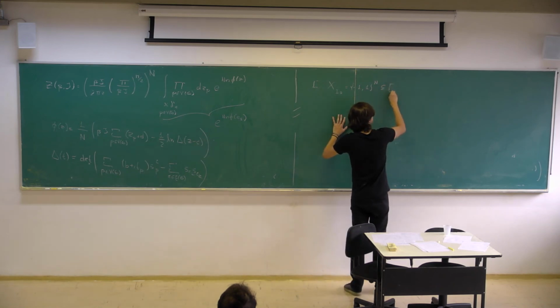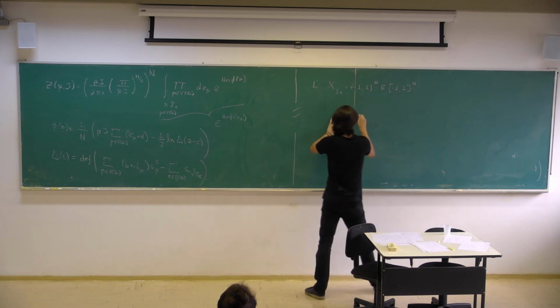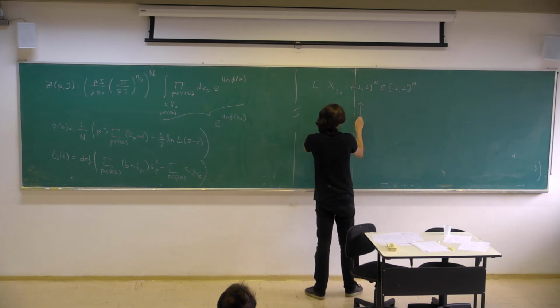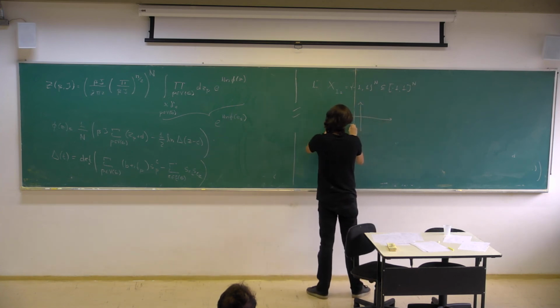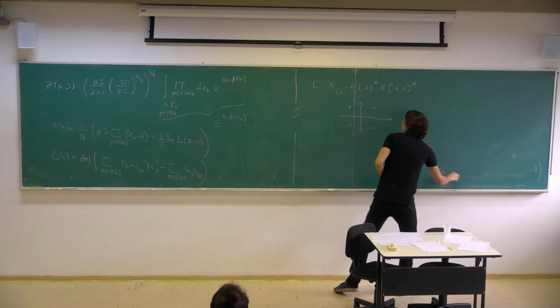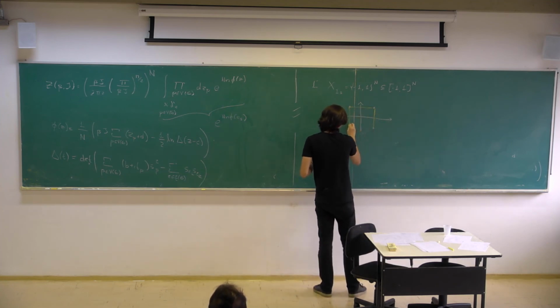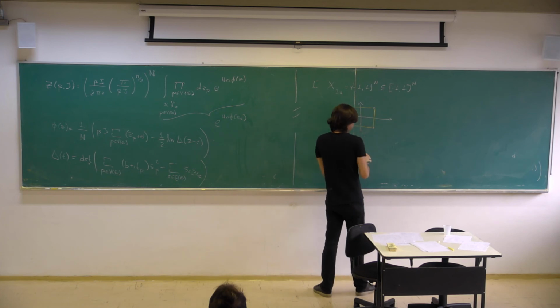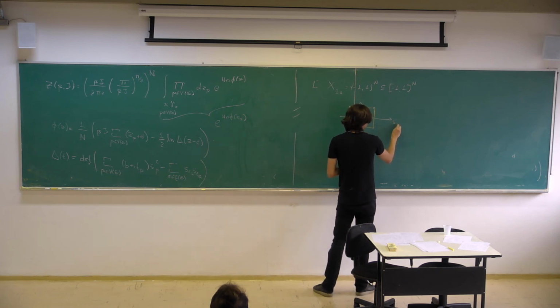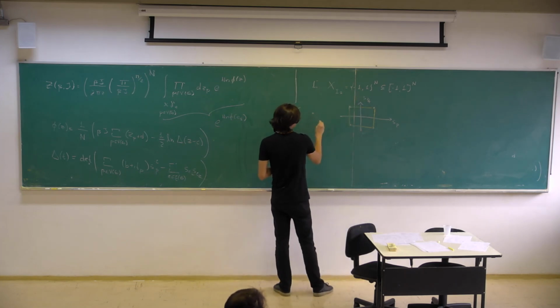For example, in n equals 2, the phase space of the Ising model is just the vertices of this square, where this axis is S_p, this axis is S_q, and n equals 2 means that the graph only has 2 points.